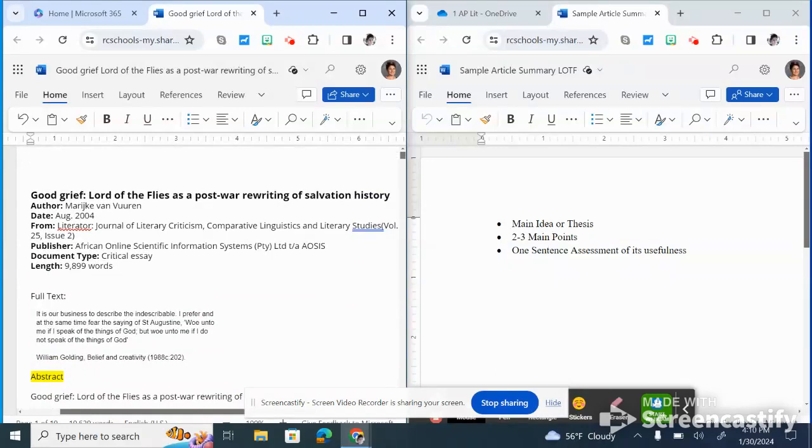Because we are going to be using a full bibliographic citation on the annotated bibliography, it is not necessary to list the entire article title and entire author's name in your topic sentence like we would usually do. Instead, you can literally just say, this article argues or suggests, implies, etc. to get yourself started.